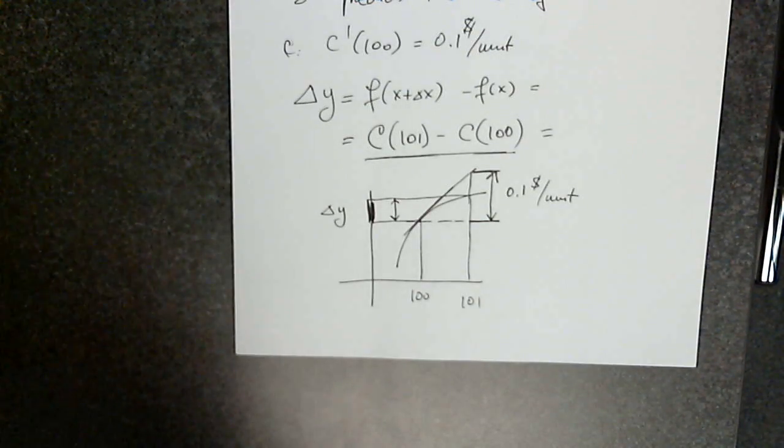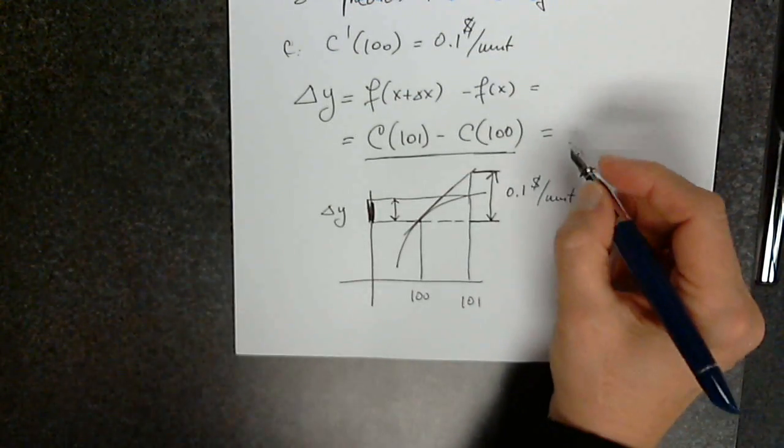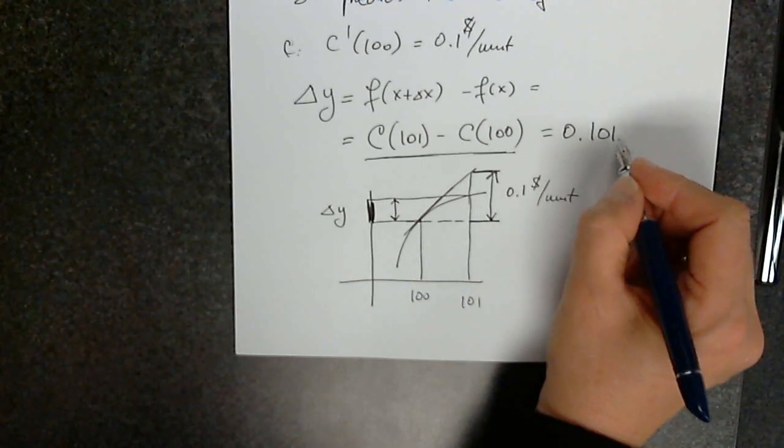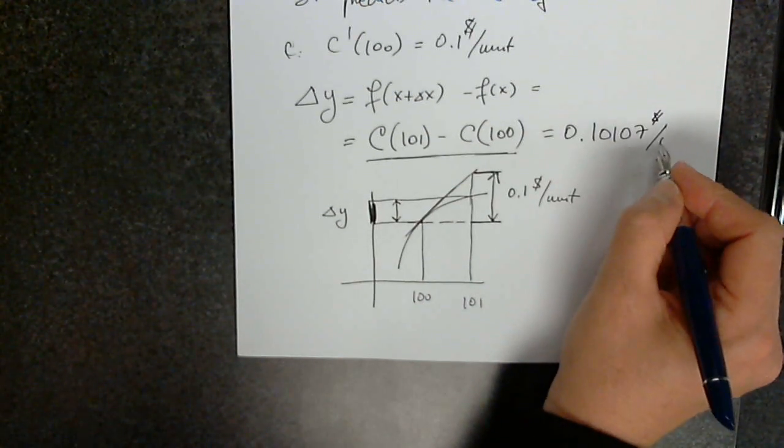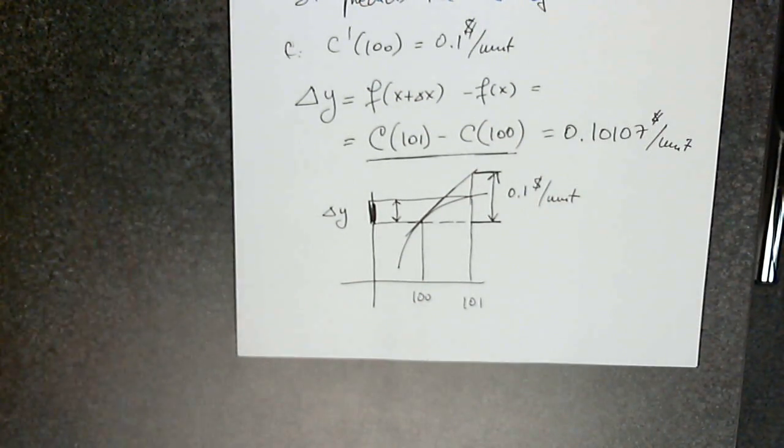So the exact value is $0.10107 per unit. So is dy close enough for you to the exact delta y to use dy? Yes. Any questions for me, please?